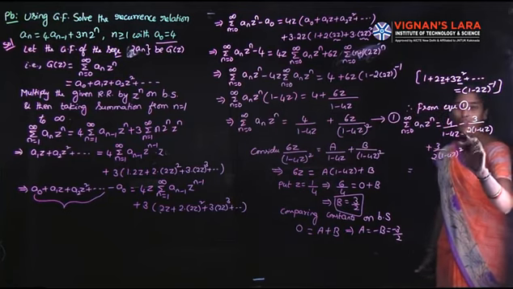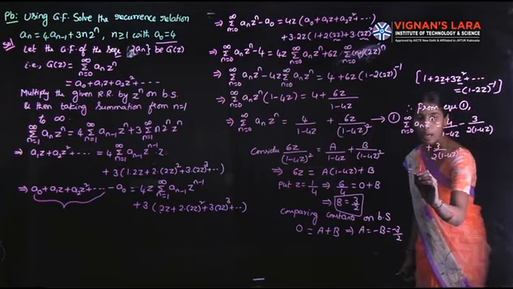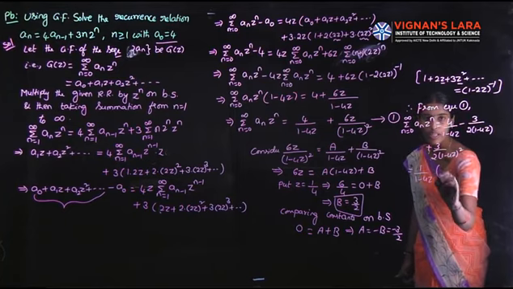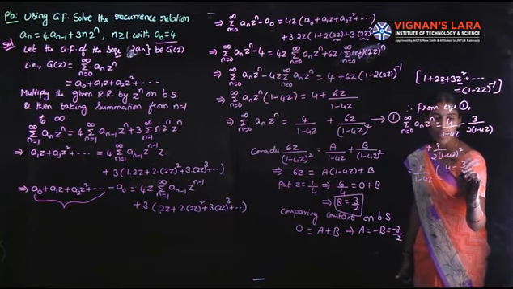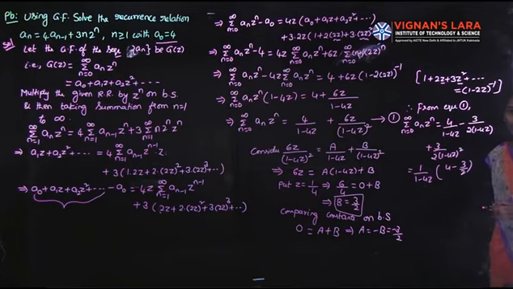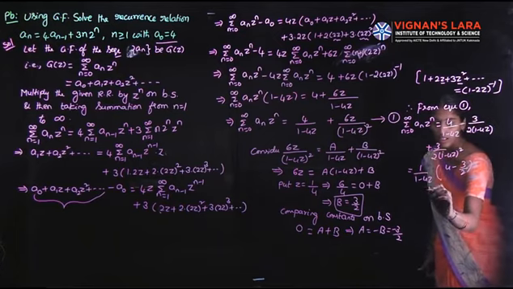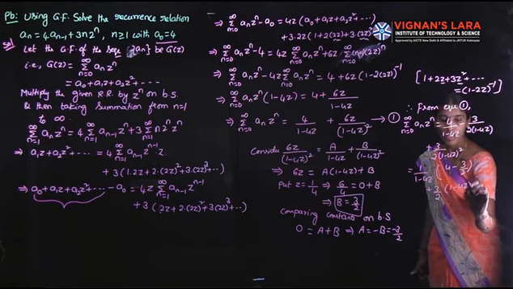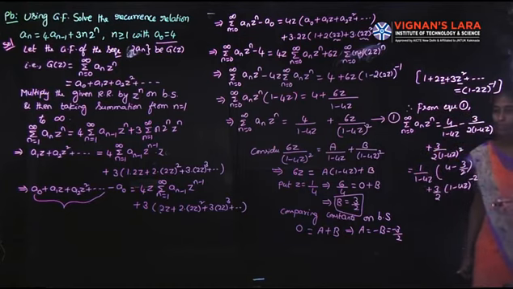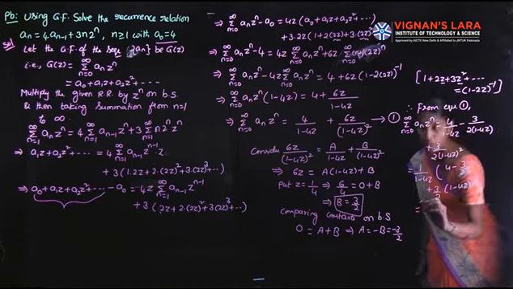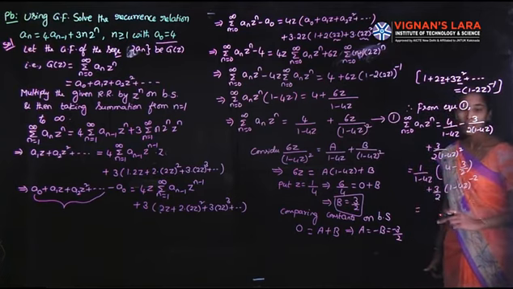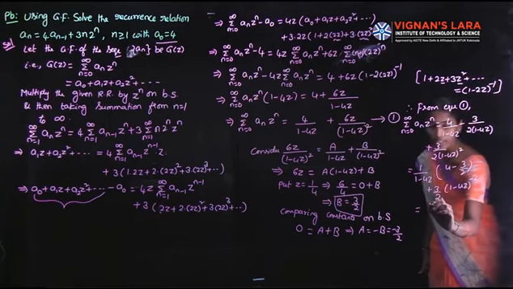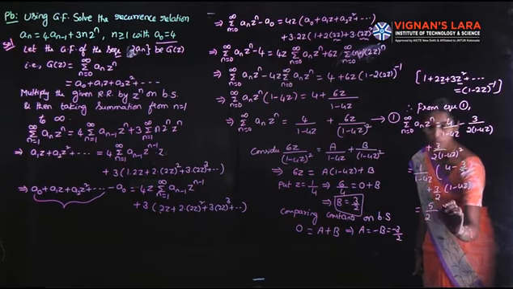From these two terms, taking common 1 by (1 minus 4z), remaining is 4 minus 3 by 2 plus 3 by 2 into (1 minus 4z) whole power minus 2. It is nothing but 4 minus 3 by 2 is (8 minus 3) by 2, it is 5 by 2.